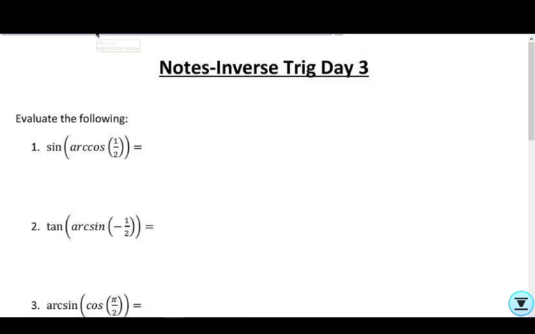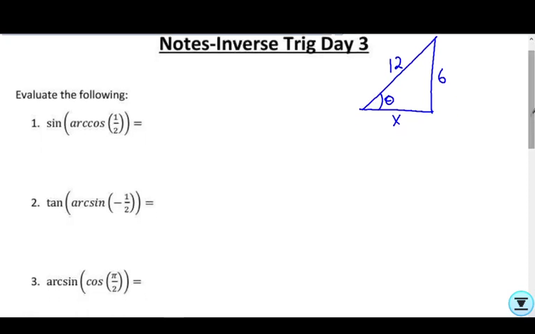One thing that you have to realize is that we've been doing inverse trig before when we did right triangle trig. So say this is theta, this is 6, this is 12, this is x. And when we went to go find angle measures, we first had to set up our trig function like this. Well, we have the opposite side and the hypotenuse. And then we did this.